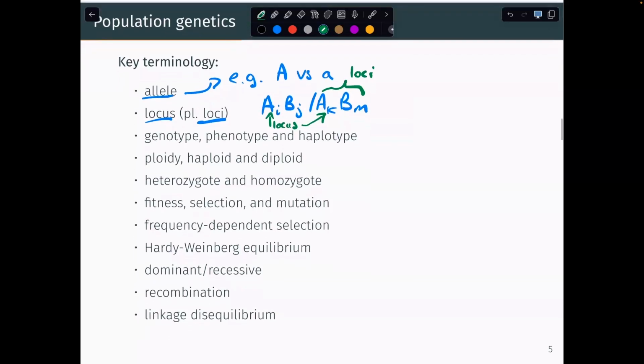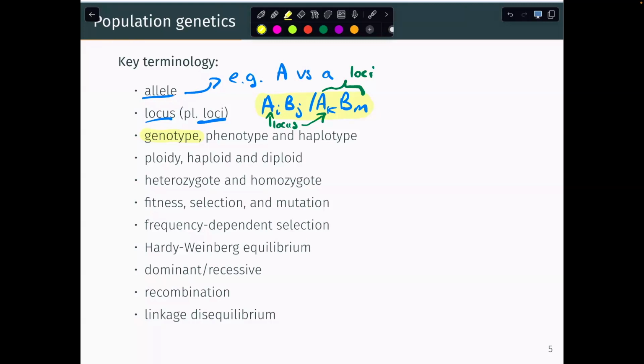Good. So I just mentioned genotype. This whole thing here would be considered a genotype. You can think of that as being all the genetic material. Of course, individuals have way more loci than this in reality, but we might only care about a few loci for a particular thing. So we might think about the genetic loci and the alleles that correspond to a particular trait, like sickle cell or eye color, so we might genotype people according to those.